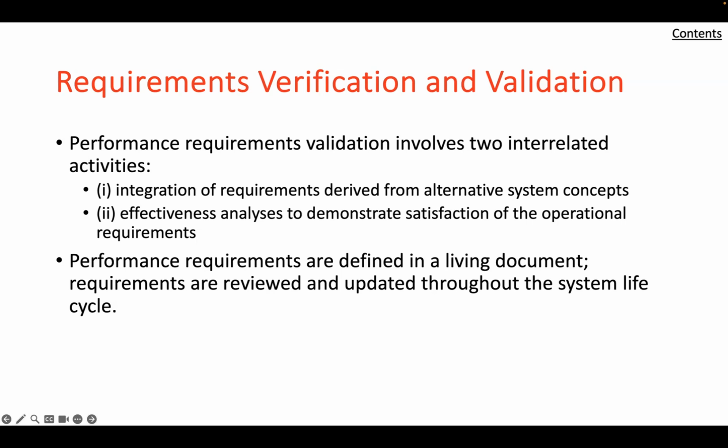Next, let's talk about the performance characteristics validation. The final step in the process is to validate the derived performance characteristics against the operational requirements and constraints, and to convert them into the form of a requirements document.